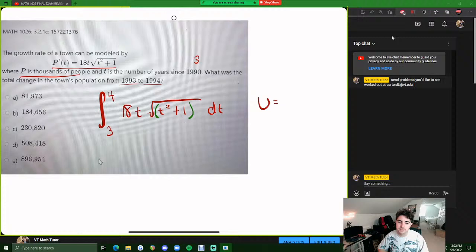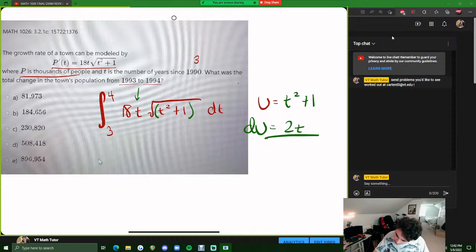Also, we want to consider, if we took the derivative of t squared plus 1, would that give us a derivative that we could identify in another part of the integral? So if t squared plus 1 is our u and du is 2t dt, can we see a 2t and a dt amongst the other pieces of the integral? In this case we can.